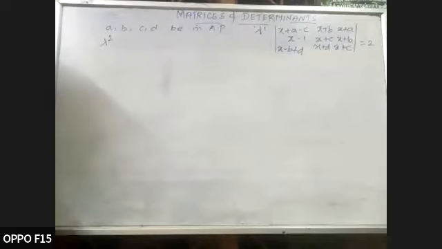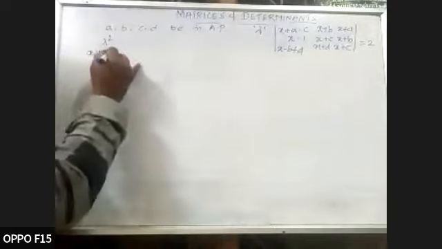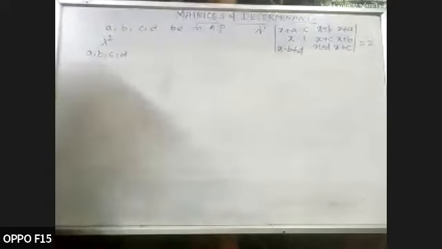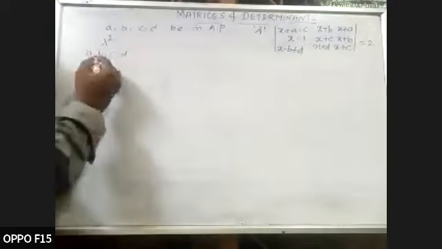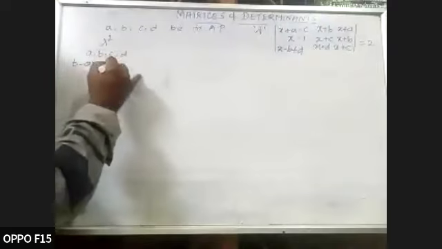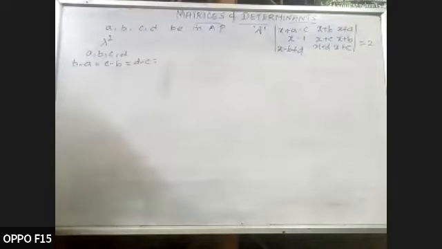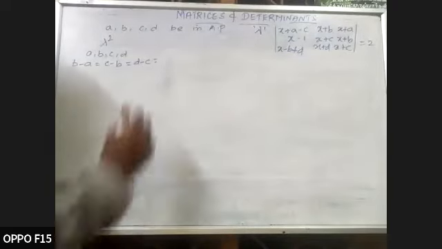okay. Now listen carefully. It is given that A, B, C, D are in AP. So one of the interesting problems. A, B, C, D are in AP, which means that the common differences are same. B minus A is equal to C minus B equals D minus C, which is equal to lambda.